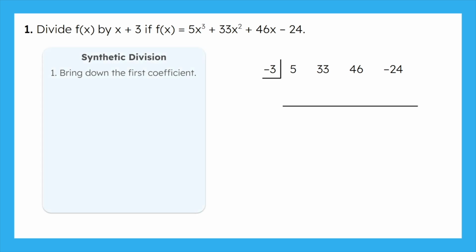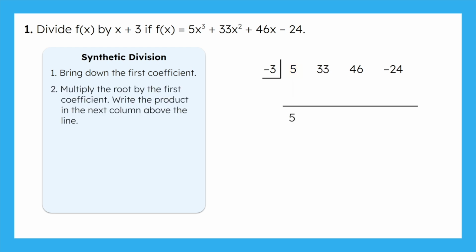The first step in synthetic division is to bring down the first coefficient, so this 5 will come straight down. Next, we'll multiply the root by the first coefficient. So negative 3 times 5 is negative 15, which we write here in the next column above the line. Next, we add down this column.